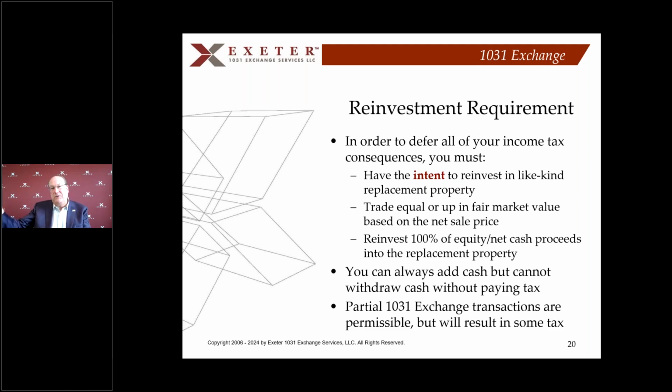The difference between your purchase price of the new property minus the $400,000 of equity will be either a new loan or new out-of-pocket cash, or a combination of the 2. So you don't have to replace the debt. And a lot of stuff out there says you have to replace the debt. Well, most people do because they don't have enough cash laying around. But if you've got the cash, you can certainly replace the debt with cash. You could buy $1 million property, pay all cash for it, that would still qualify.